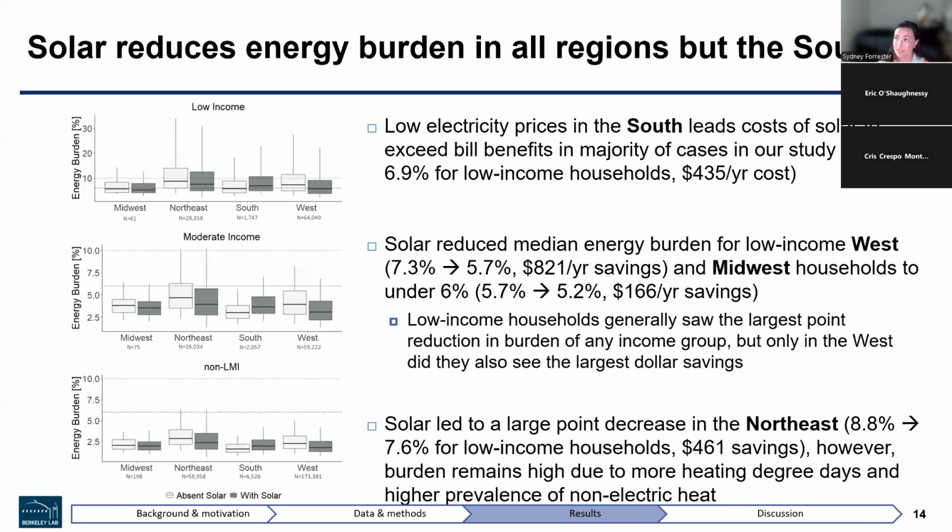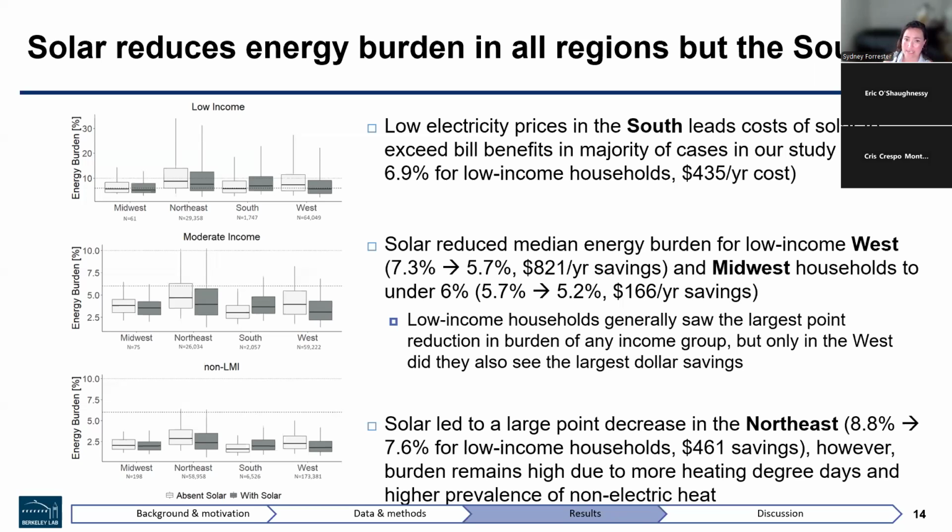So here you see it go from 5.8% to 6.9% for low income households in the South, and this was a $435 a year cost. So you do see it kind of toggle from below that 6% to above it, but it still actually ends up lower than some other regions, even with that cost increase. So that's one thing to keep in mind.